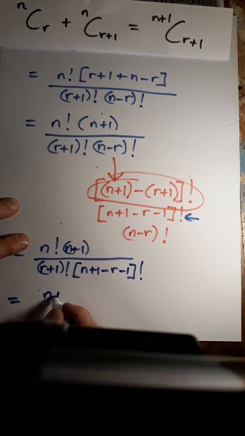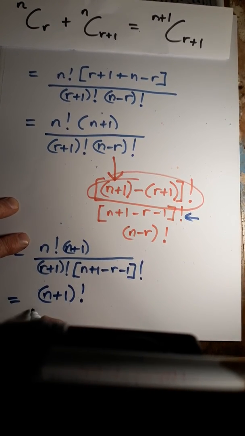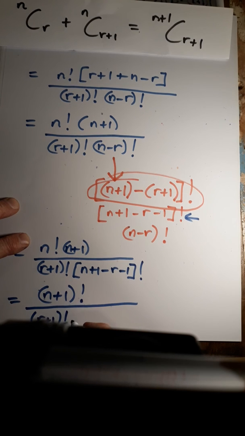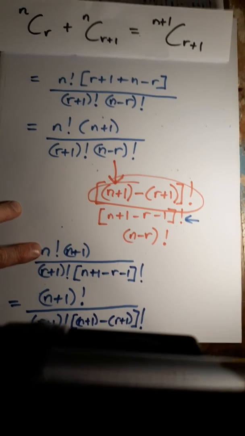So this is n plus 1 factorial on the top line. And on the bottom line, it's r plus 1 factorial times n plus 1 minus r plus 1 factorial. Okay.